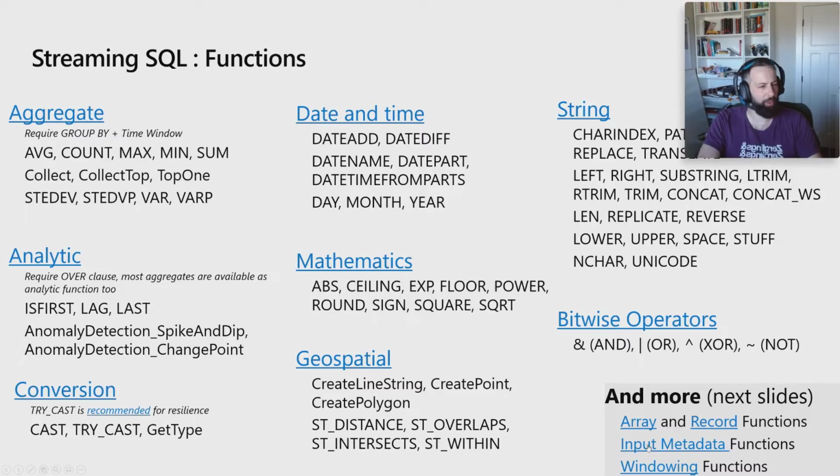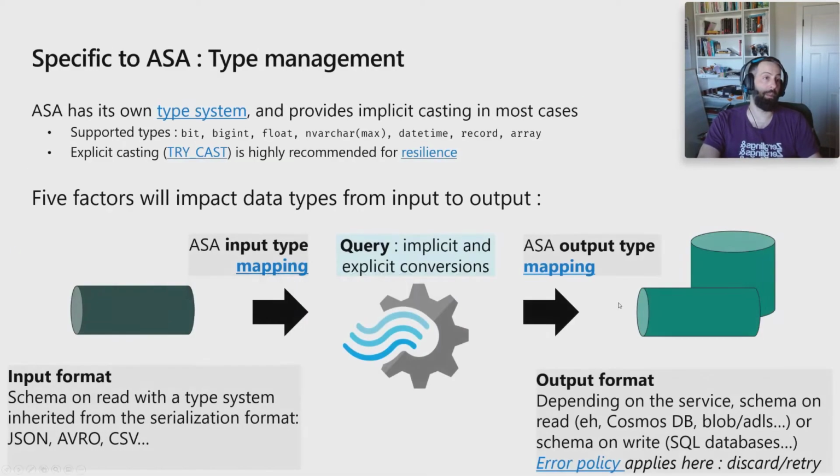Then we have a couple of specific functions I want us to take a look at, starting with type management. Stream Analytics has its own type system. If you've been around a little, you know about Integration Services, you know about Data Factory or any other ETL. Those ETLs are developed in a specific language environment framework, and they have their own type systems. So in terms of what is a bit, what are the numeric types that we support?